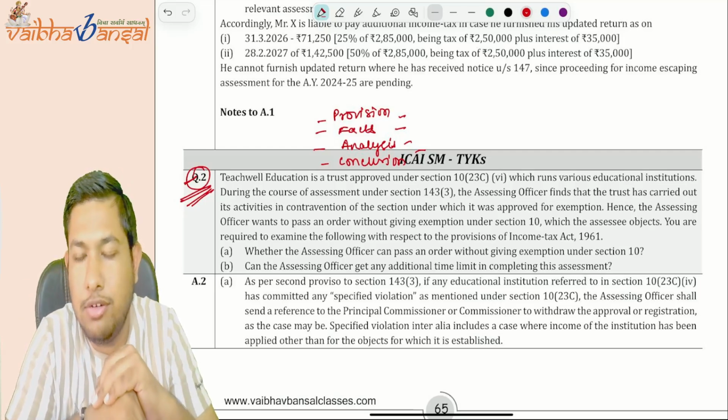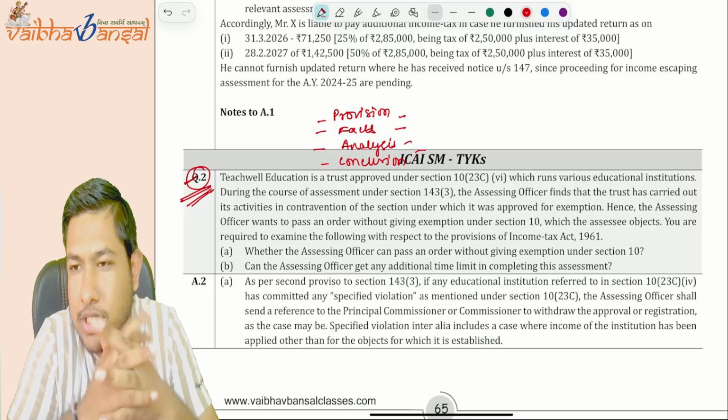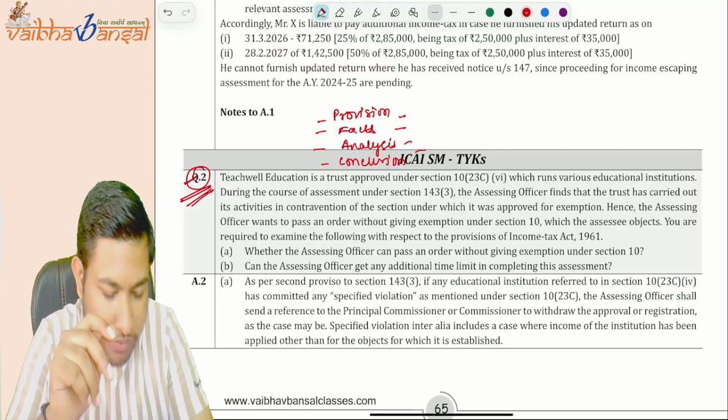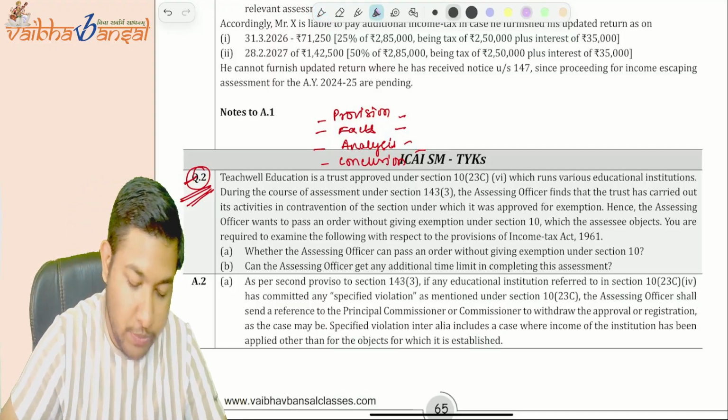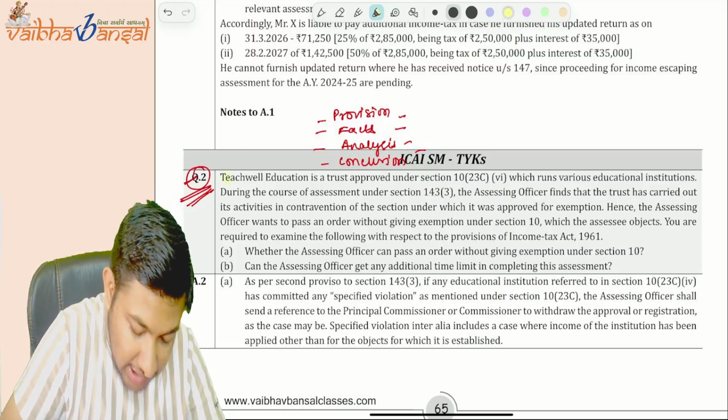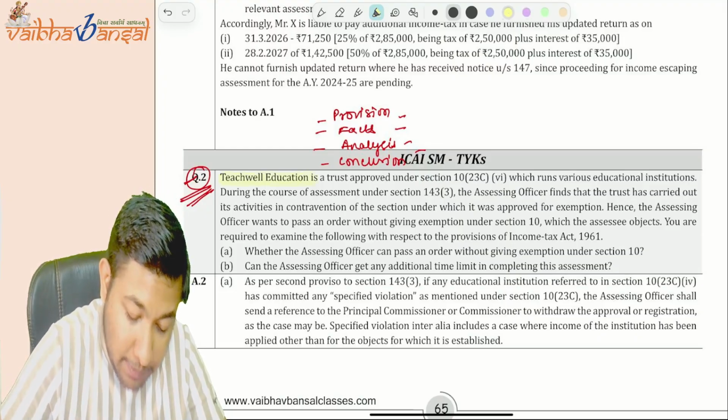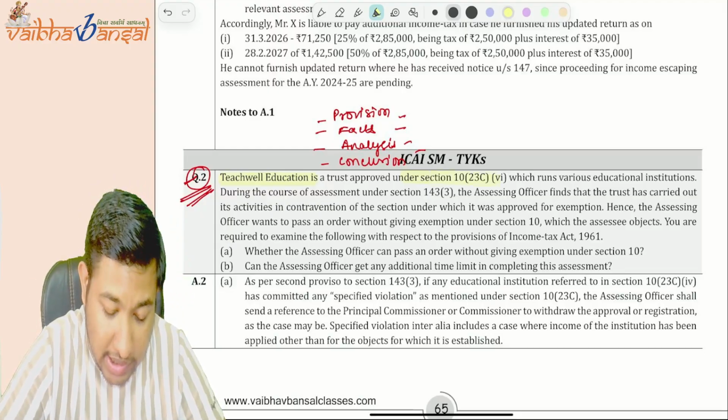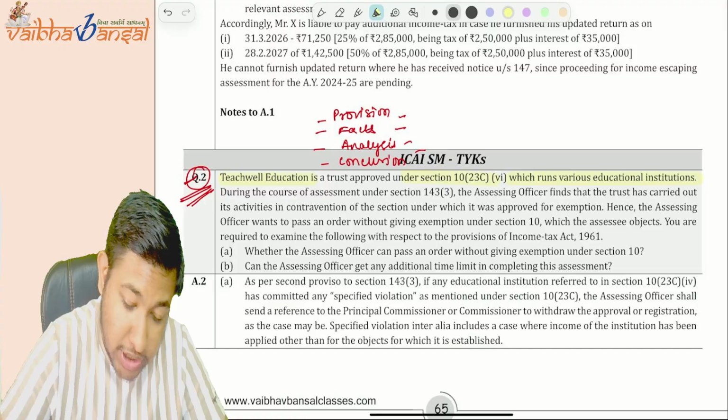Yes, have you solved? I got the answers from other students as well. See, what this particular question is saying: the trust is approved under section 10(23C) and runs various educational institutions.